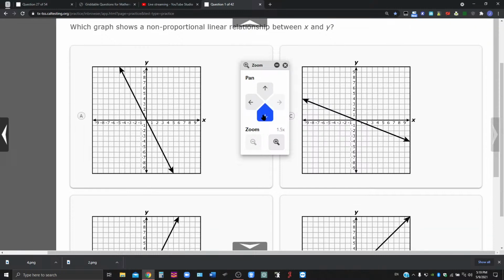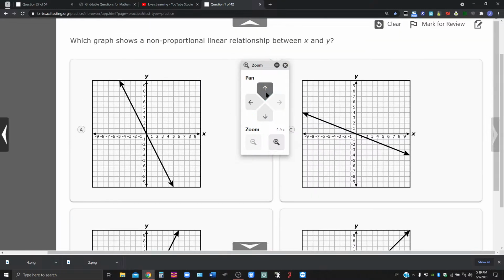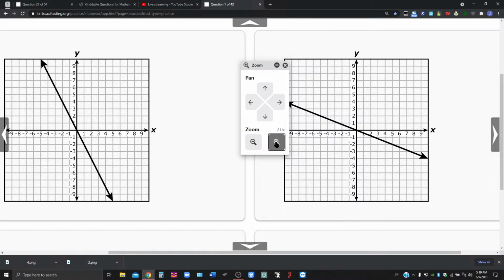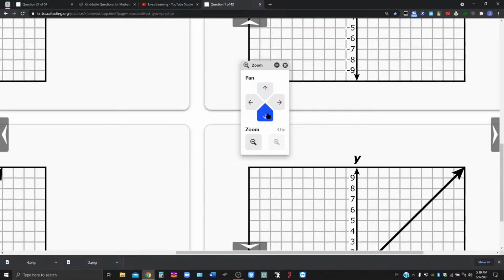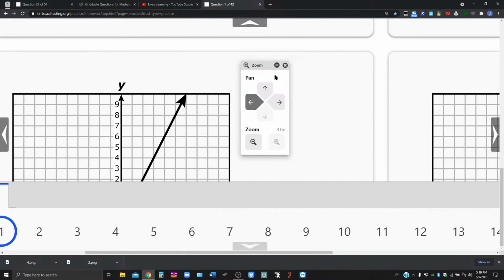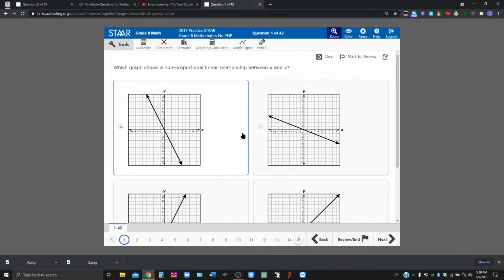So you can use it to move up or down, left or right. And you can also further zoom in. Currently we are at 1.5 times, 2 times, 2.5, and 3 times as large. So you can zoom in, and if you're done, just click this button and we come back.